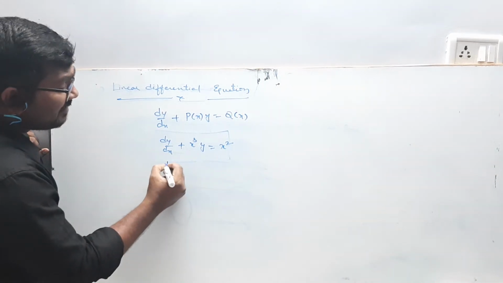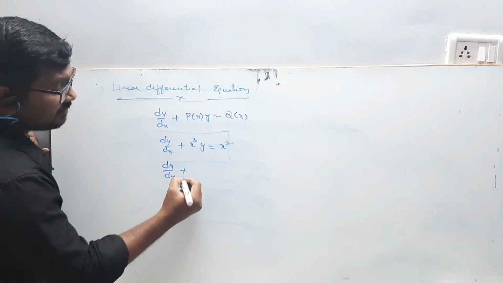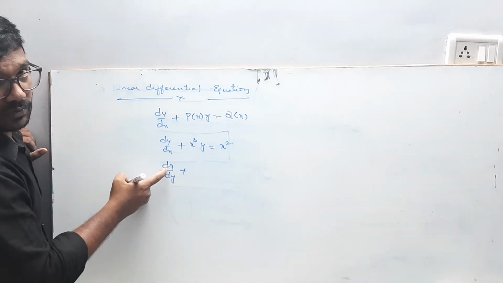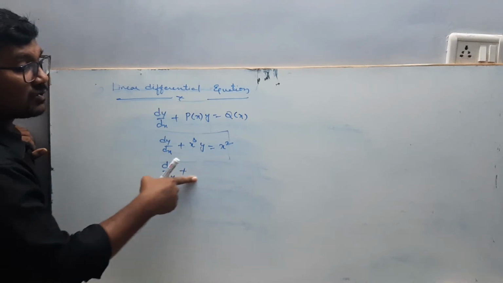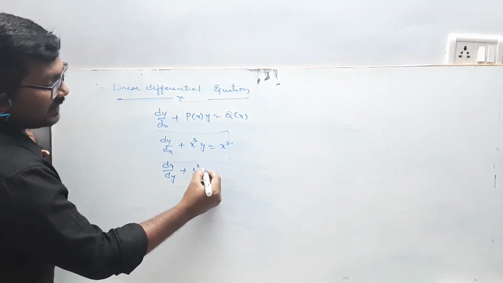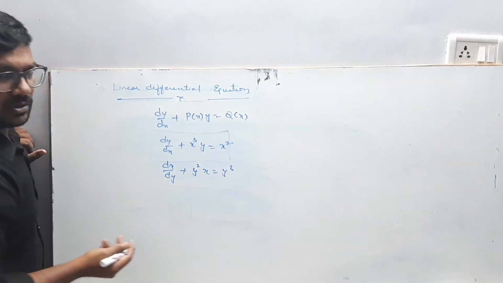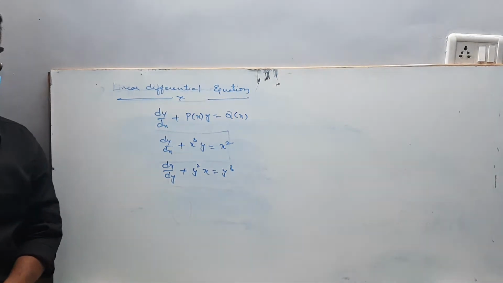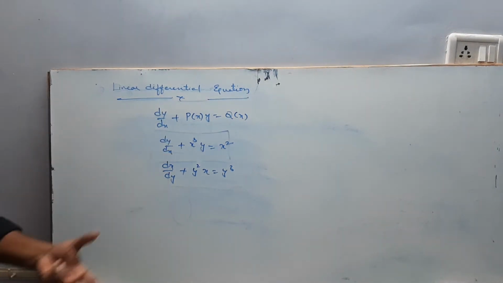In the same way, we can write dx by dy plus y square x is equal to y cube, where now x is my hero. If x appears only one time, this is also a linear differential equation in the other direction. We are only changing the variable.